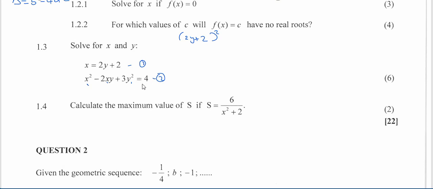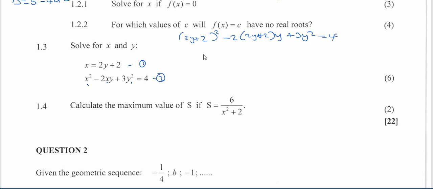Where there's x in this equation, we're going to have minus 2 times 2y plus 2, times y, plus 3y squared equals 4.